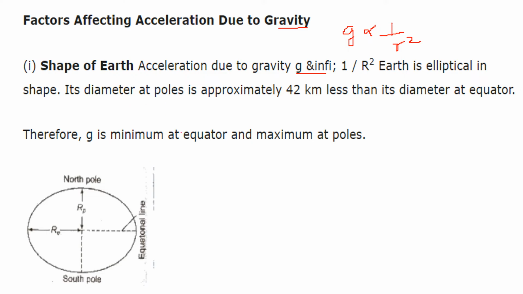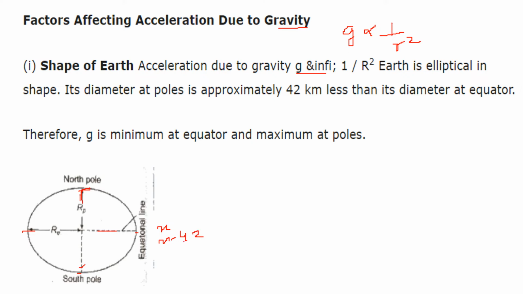The diameter at the poles is 42 kilometers less than the diameter at the equator. So if this is x, from this point to this point it is x minus 42.